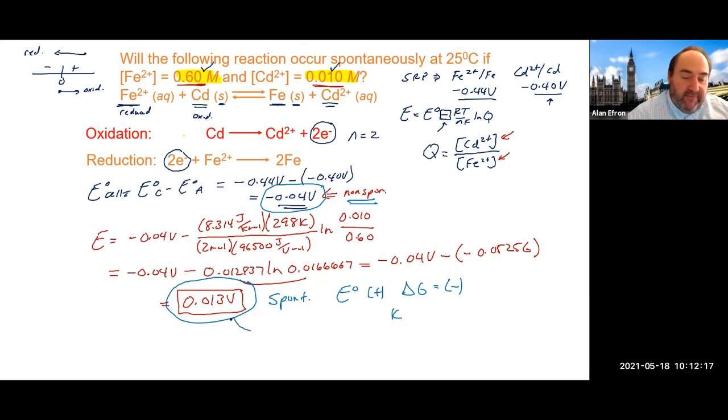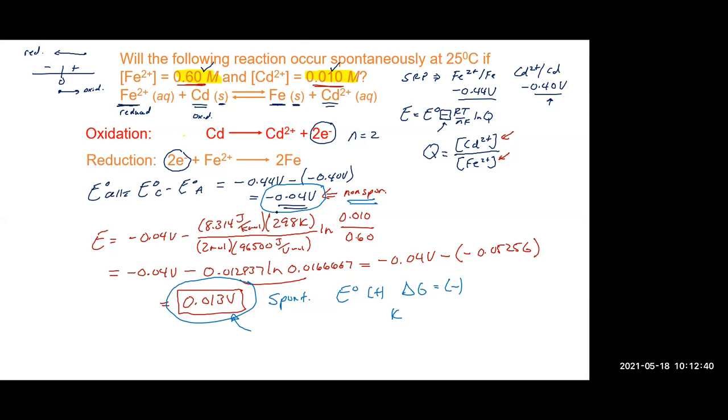Not a giant voltage, but we were able to turn a negative cell voltage into a positive cell voltage by manipulating the concentrations, allowing this redox reaction to become more spontaneous. Any questions on any part of that?